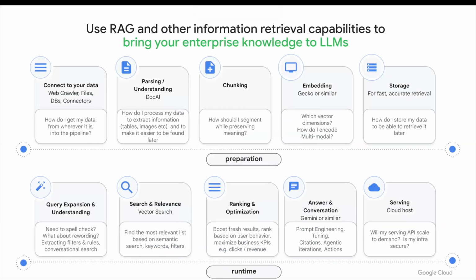Now, stepping back and thinking in general about building your RAG applications to bring your enterprise knowledge to LLMs, here are the typical steps involved in both the preparation and runtime phases. You have to connect your data, like we talked about, from BigQuery to Elastic and web crawling, as an enterprise your data is sitting in different systems. Then parsing and understanding with Doc AI, or if you have images in a document, a layout parser.